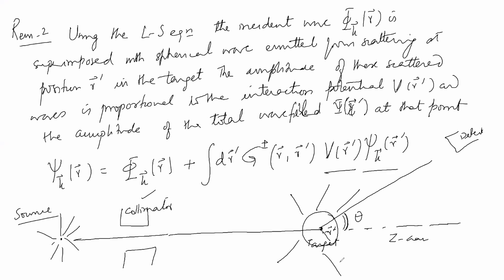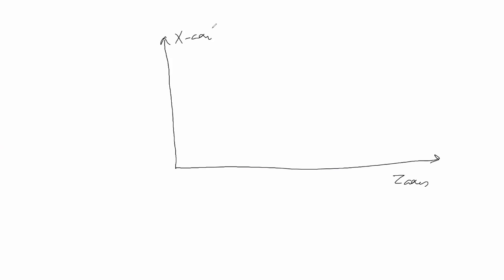Now, this three-dimensional scenario we draw as follows, and this is an interesting picture. This is your x-axis, this is your z-axis, and this is your projectile, which has energy E and momentum vector K. This is my incident beam, the direction of the incident beam.